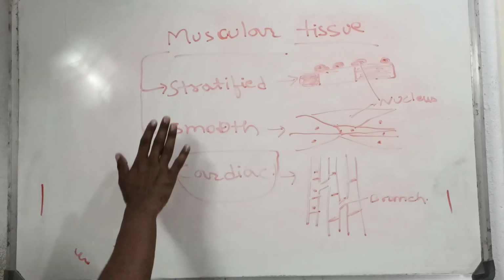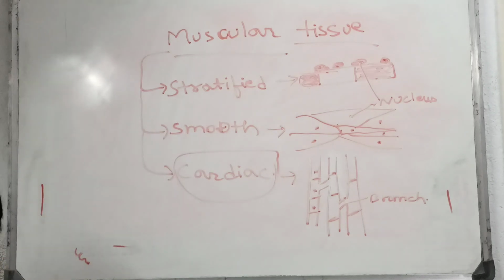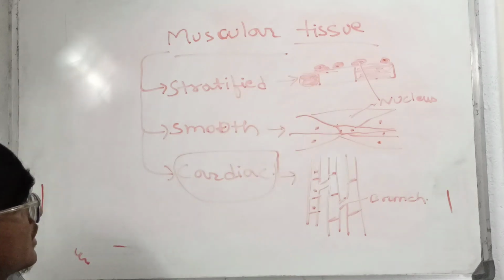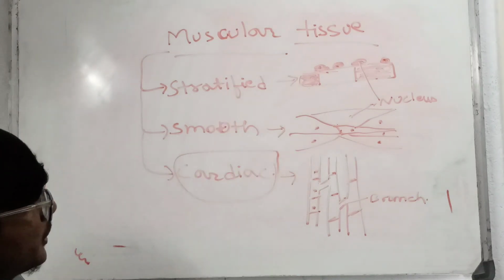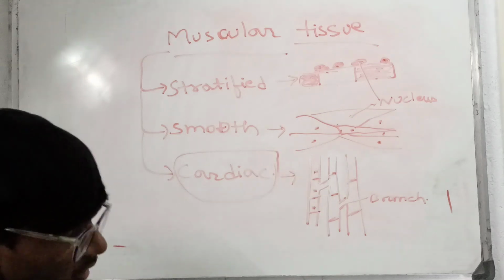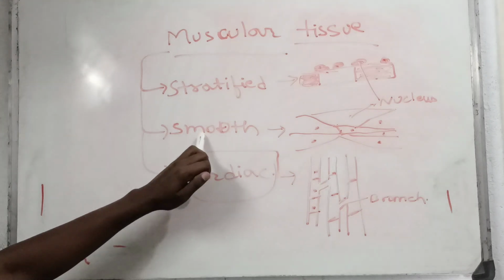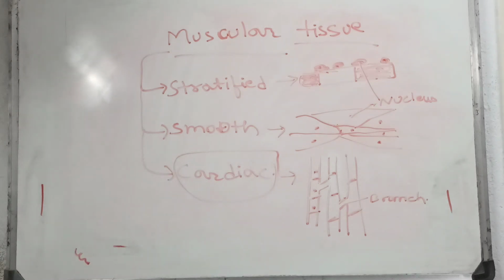First is the striated, that you can see in the muscles. Like the muscles have fibers, it is present in the muscles. Smooth muscular tissue, you can see this smooth muscle in the bronchioles of the lungs, like in the lining of the lungs. Then in the iris of the eyes, this smooth muscle is there, okay.